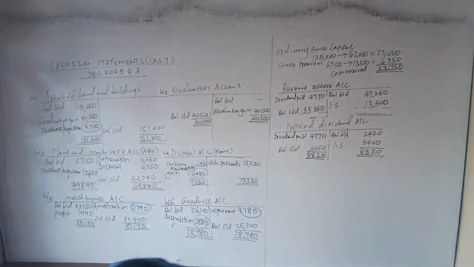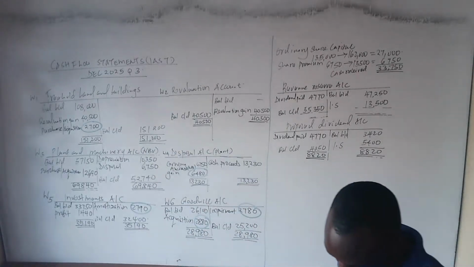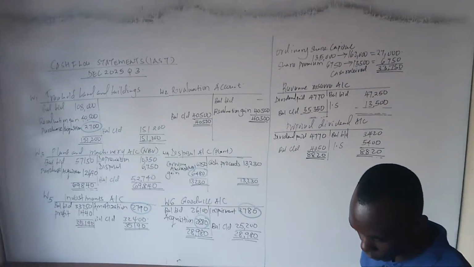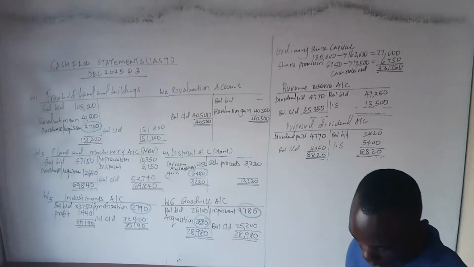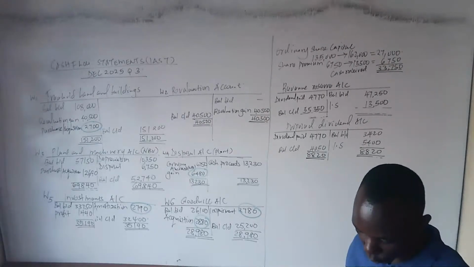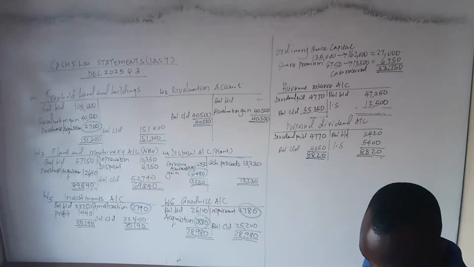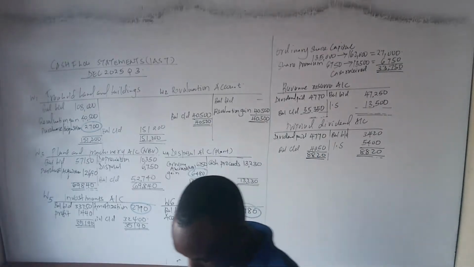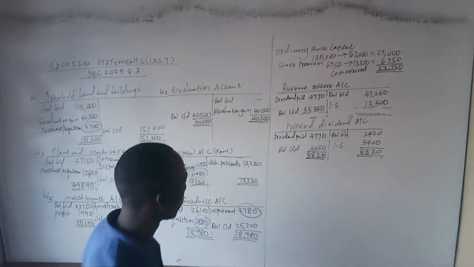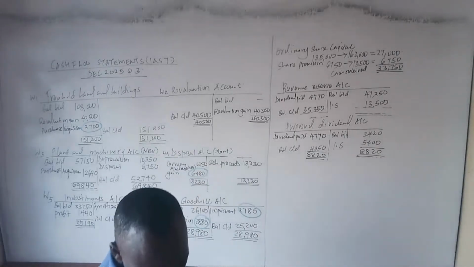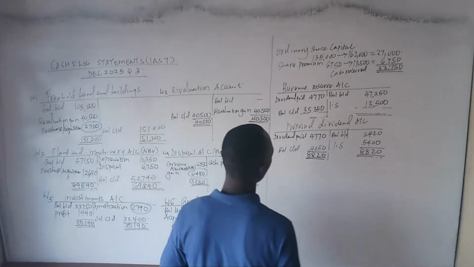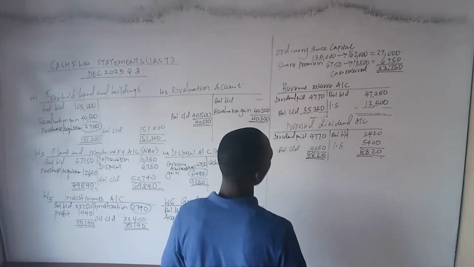So let us see whether we have more information about that for us to be able to balance that account. That's how you adjust that account for us to get the dividend paid. But the important thing is for us to get the dividend paid, and we have gotten the dividend paid.